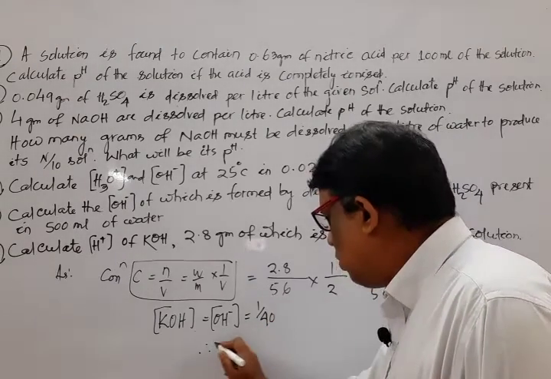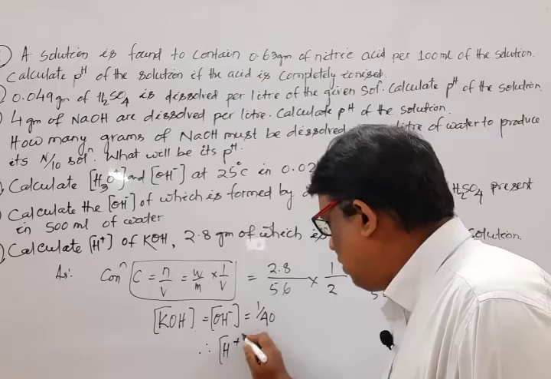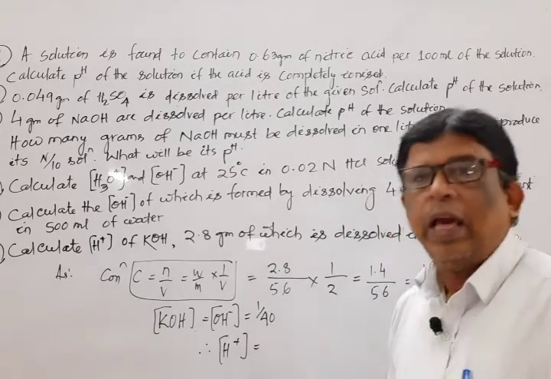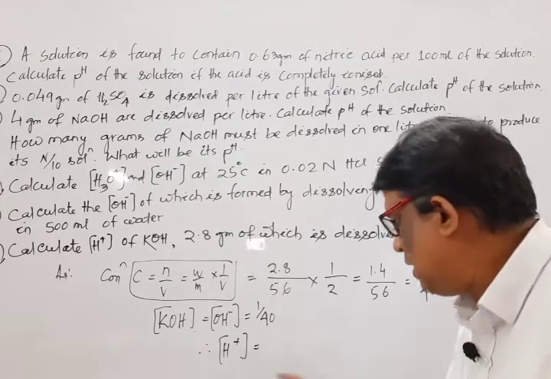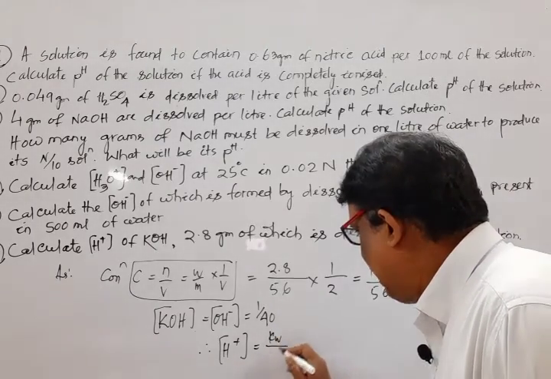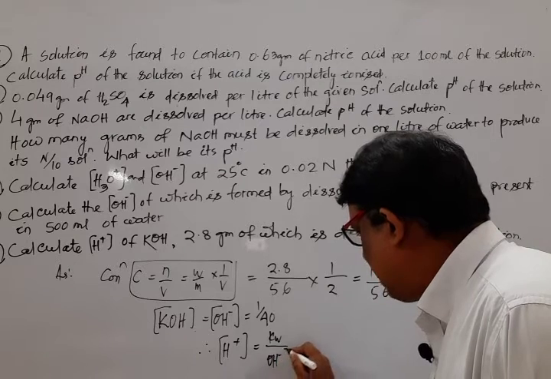Our aim is to calculate the H plus ion concentration. We know if the OH minus ion concentration is given, then the H plus ion concentration can be calculated by Kw by OH minus ion concentration.